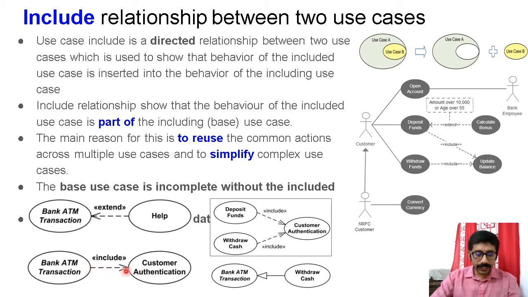And you need to take care of the direction of the arrow. In the case of extend, it was pointing to the base. In the case of include, it is pointing to the included use case. Banking transaction is the including use case, and customer authentication is the included use case.